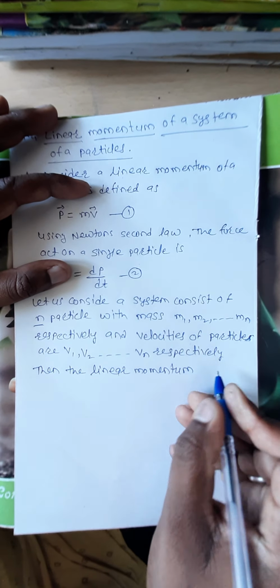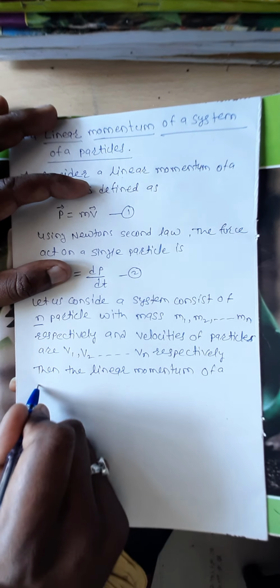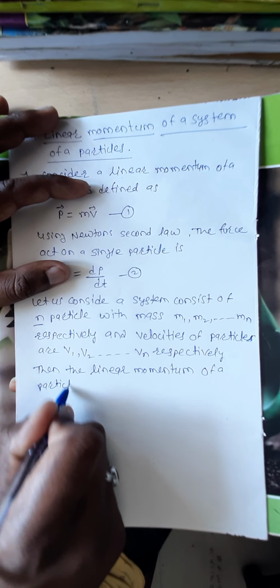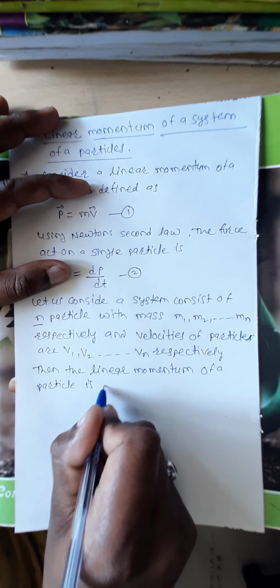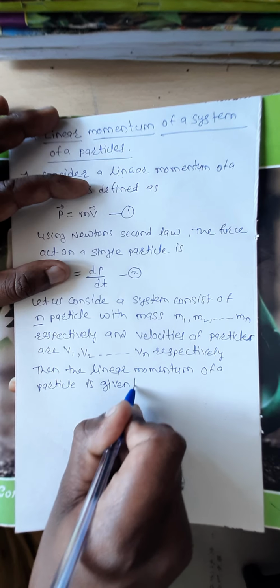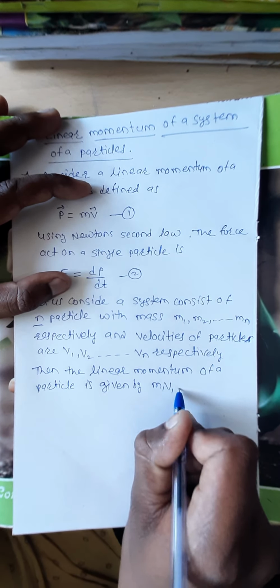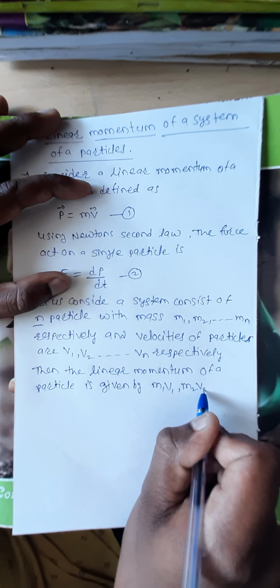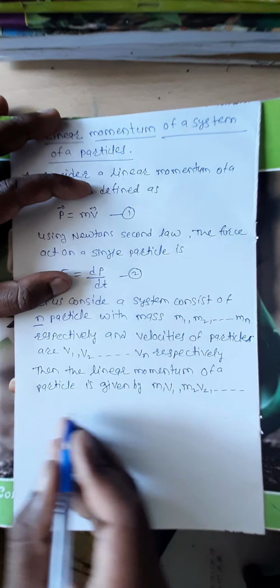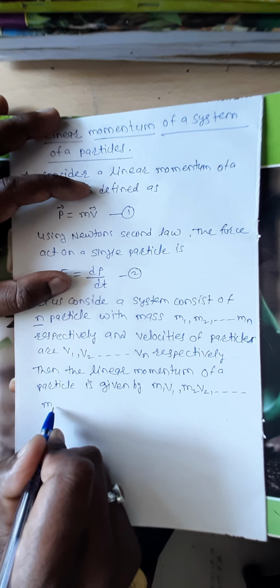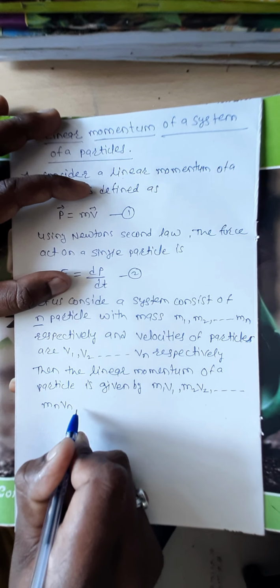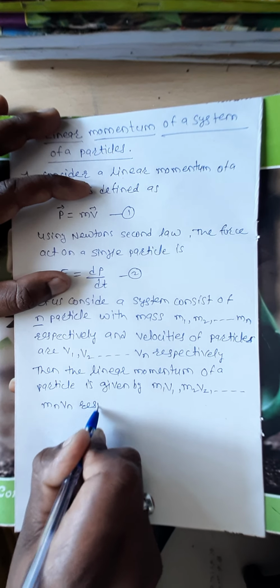Then the linear momentum of a particle is given by m1 v1 for the first particle, m2 v2 for the second particle, m3 v3 for the third particle, and mn vn for the nth particle.